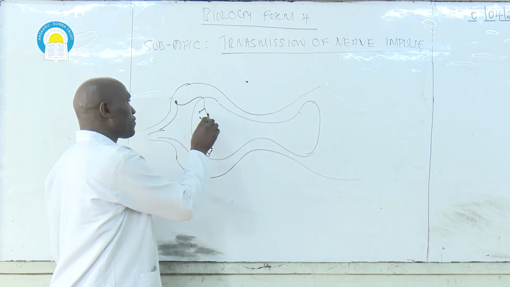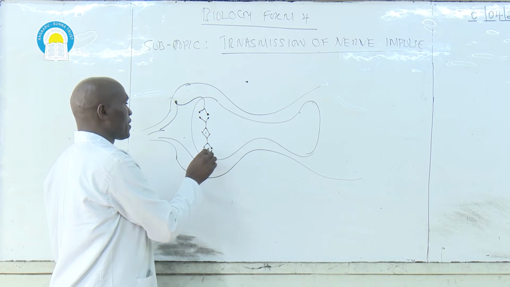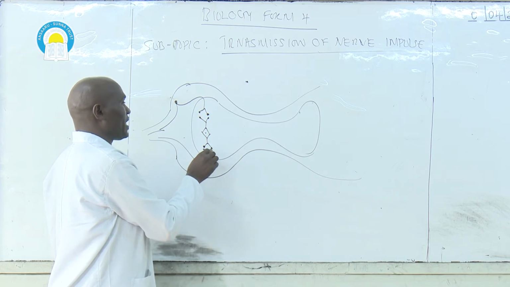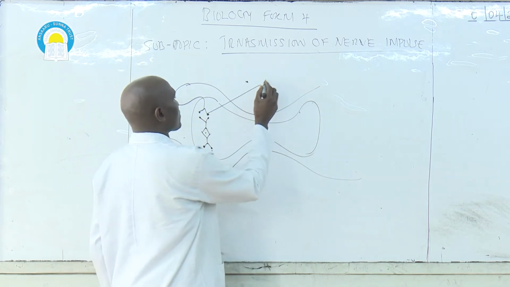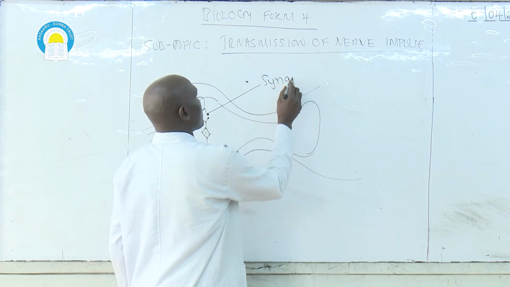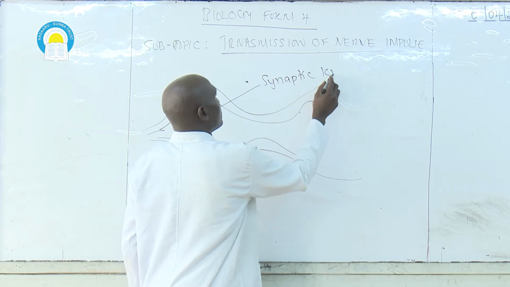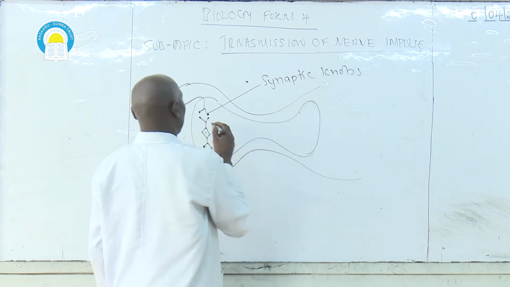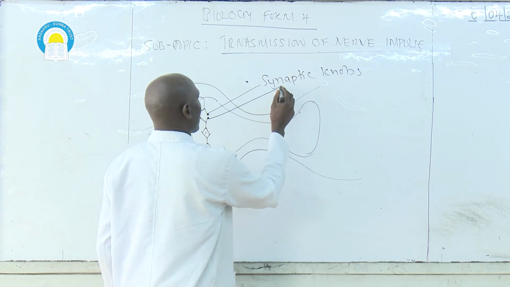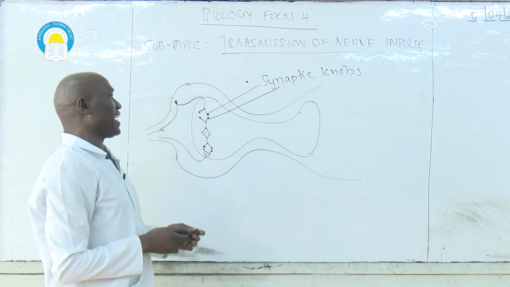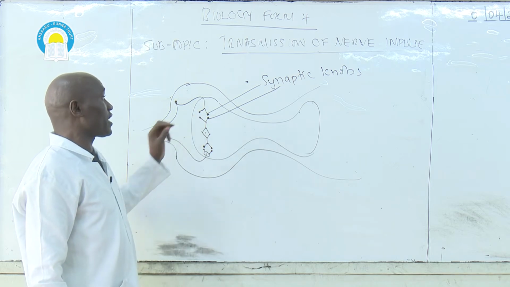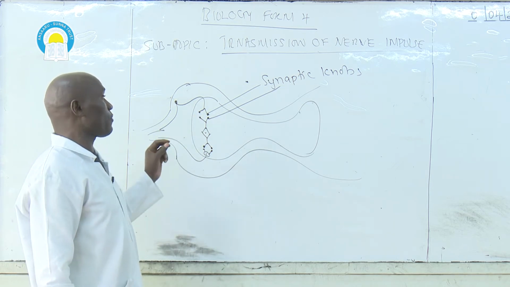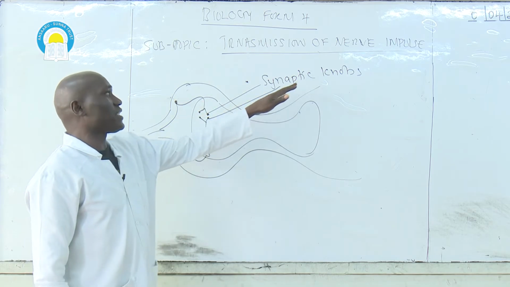At the terminal end of each and every neuron, there are some swollen sections. These swollen terminal ends of dendrites are known as synaptic knobs. Those swollen sections are the ones that we call synaptic knobs.